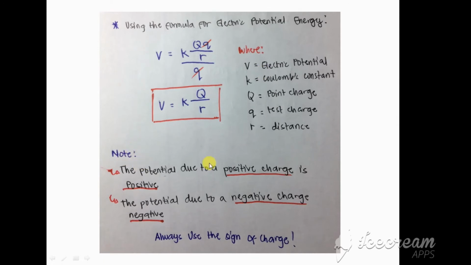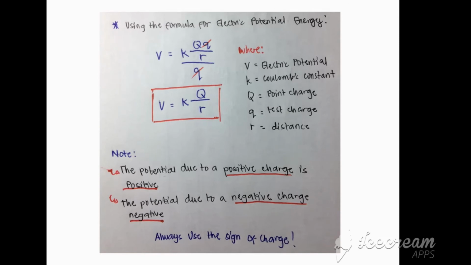Take note that potential due to a positive charge is positive, and the potential due to a negative charge is negative. Meaning to say, always use the sign of the charge. So when we calculate the values, we have to always include the signs of the charge.